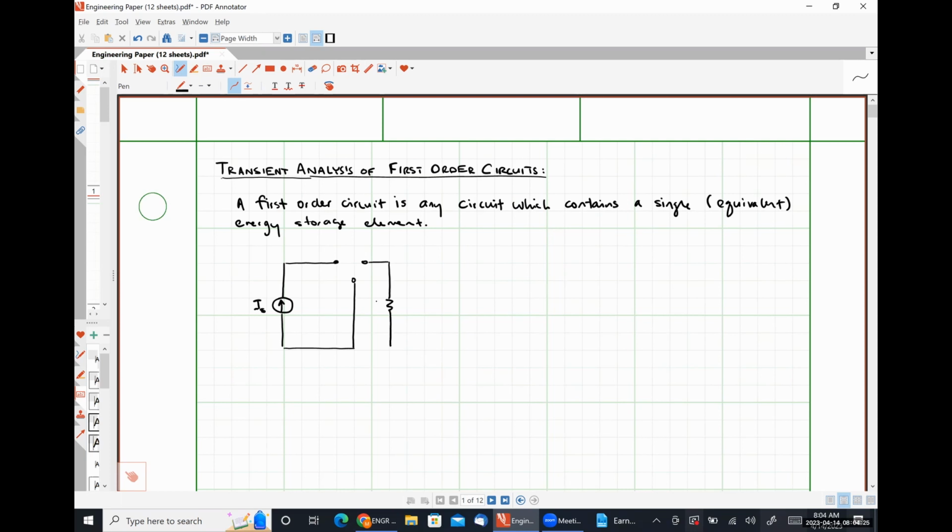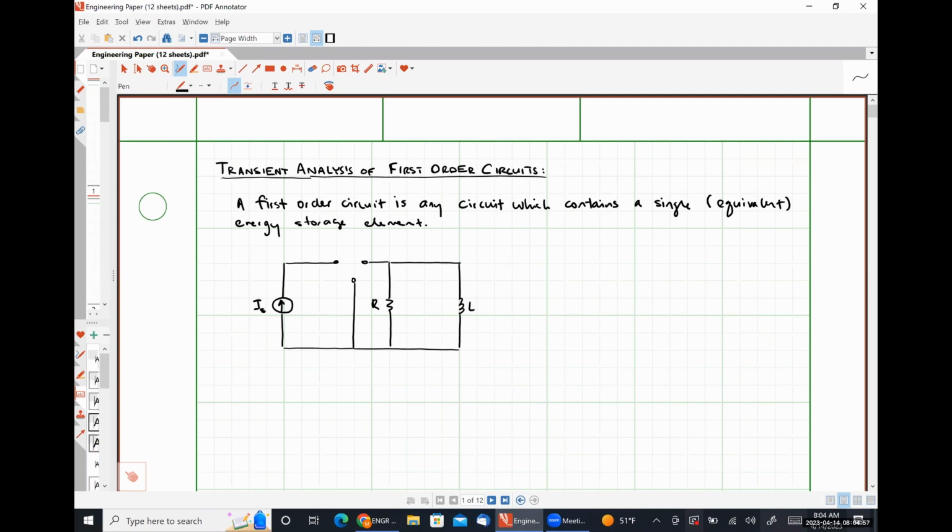Here, I'm going to have some resistance R. And over here, I'm going to have some inductance L. And the R and L here are representative of an equivalent resistance and an equivalent inductance for a larger circuit. The reason why I'm pointing that out is because we're going to derive things for this simplified circuit, but we're going to be able to apply them for literally any circuit containing resistors and inductors.